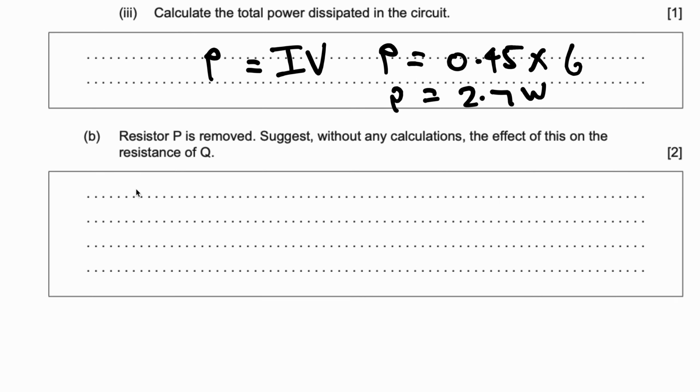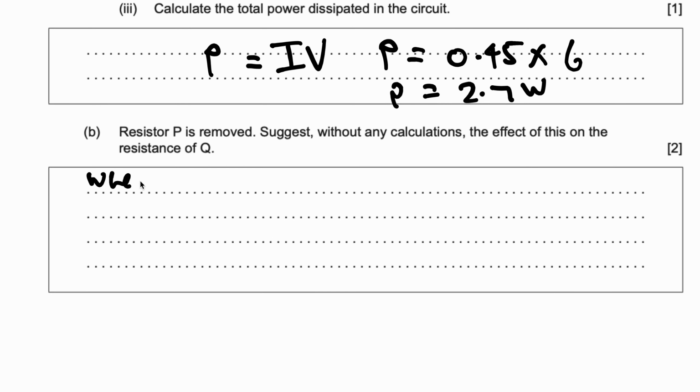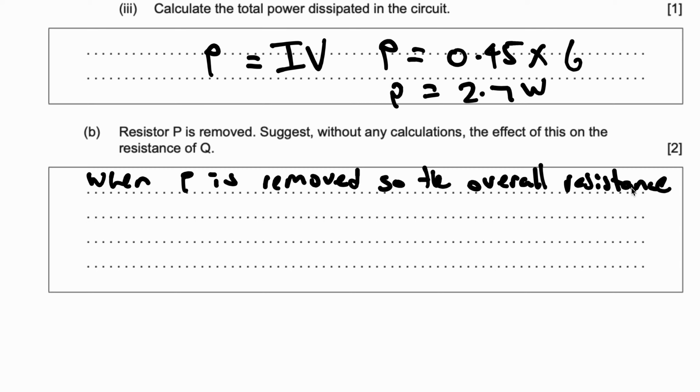So let me write this. When P is removed, there is no longer that alternate parallel connection, so the overall resistance increases.